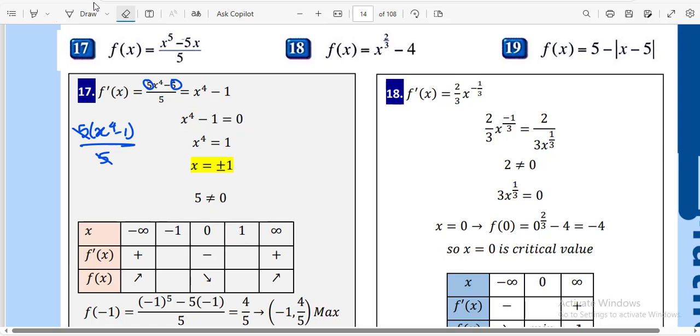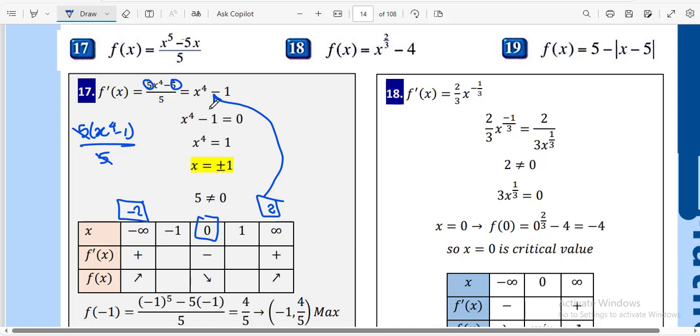Then more than positive 1 for testing, let's choose 2 and put 2 into the derivative. 2 power 4 minus 1 will be positive. Between negative 1 and 1, 0 is a good number for testing. If we put 0 here, 0 minus 1 will be negative. And less than negative 1, let's say negative 2. Negative 2 power 4 minus 1 will be positive as well. Now all the intervals are clear.